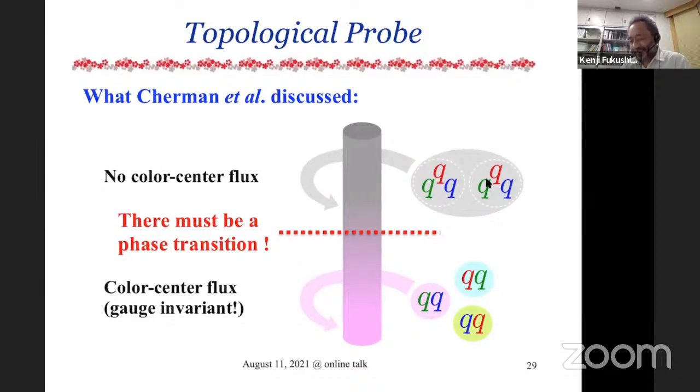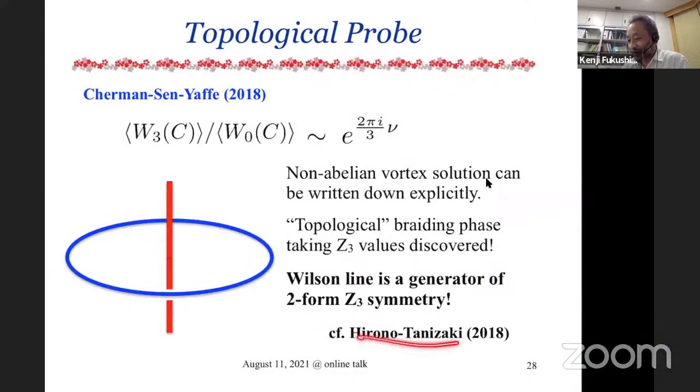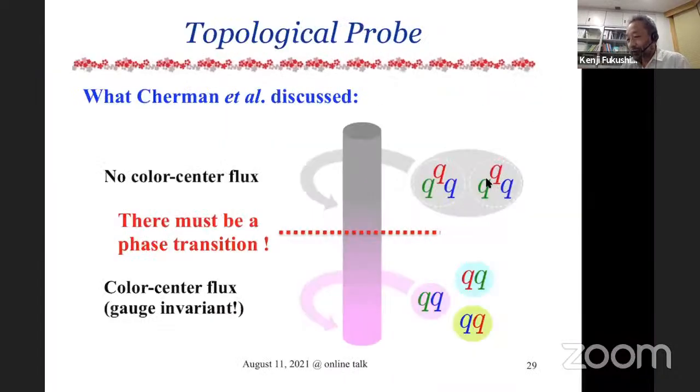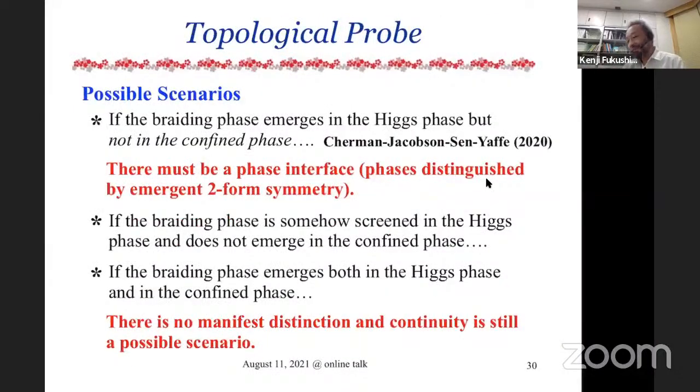Actually there is no conclusive argument yet. In fact, Hirono and Tanizaki discussed some counterarguments. This is a very mathematical paper, but if you are interested, you can read these papers. There are also some follow-up discussions by Cherman and collaborators. But anyway, this is very interesting.